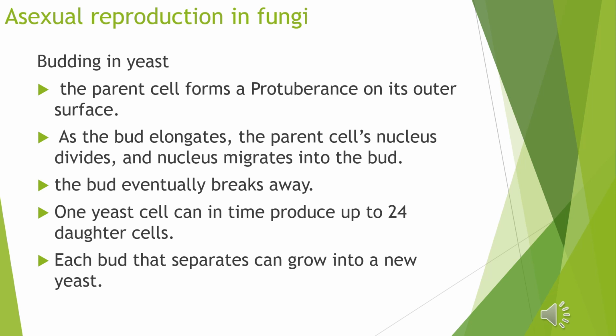After the nucleus has passed to the bud, it detaches, which means it is separated from the parent cell. Each cell can produce up to 24 daughter cells through the process called budding. So the separated daughter cell will grow as a new yeast.